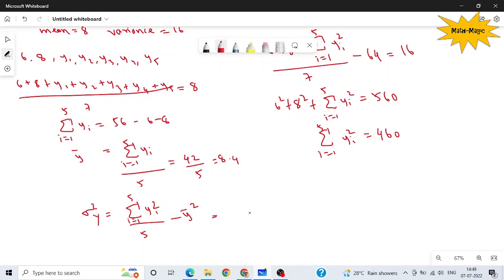Now we get 460 upon 5 minus (42 by 5) square. This value turns out to be 536 by 25.